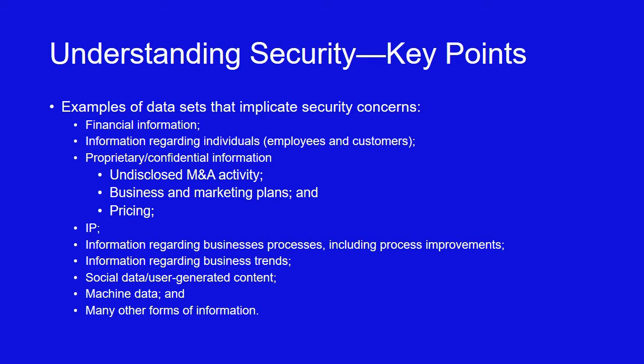IP, business process information, business trends, user information, and as we move further into the world of AI, machine learning, and big data, machine data and other similar information that would feed AI and automated processes are also of critical importance to many businesses, and as a result have to be secured. Again, these are just some examples. There are many other data sets that are focused on by security principles, but not privacy principles.